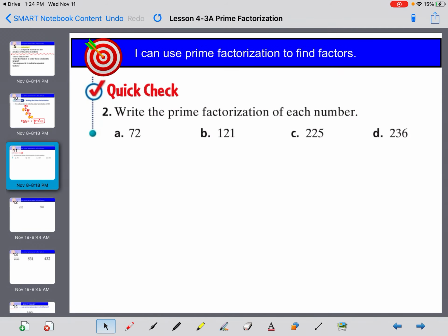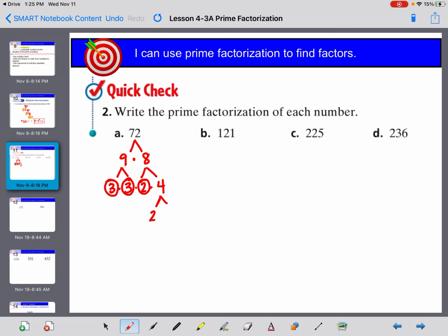All right, let's try one more together to make sure you have it, and then we'll let you try some on your own. 72. 7 plus 2 is 9, so I know it's divisible by 9. 9 times 8 is 72. 9 can be broken down into 3 times 3. 8 can be renamed as 2 times 4. 3 is prime, 3 is prime, 2 is prime.